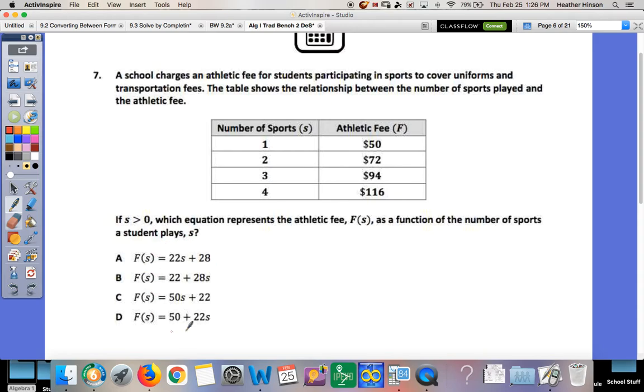So basically, find your equation. These are all linear equations. So for a linear equation, you need to find your slope and your y-intercept. How do you find slope on a table? You subtract up.